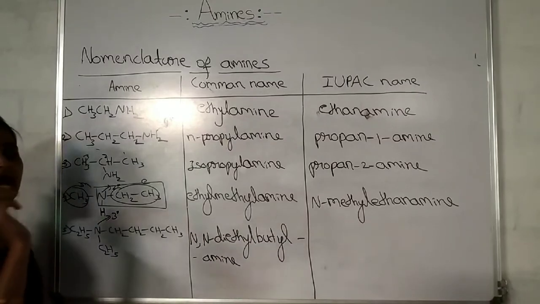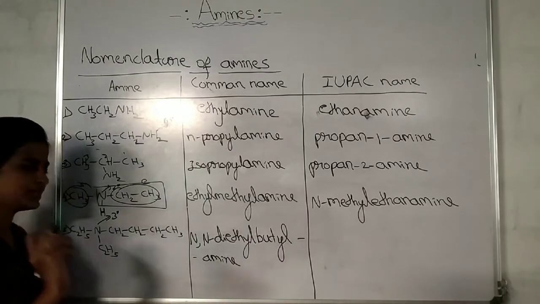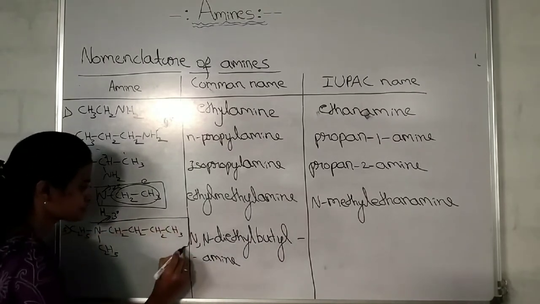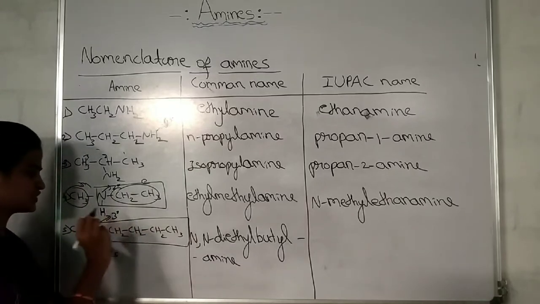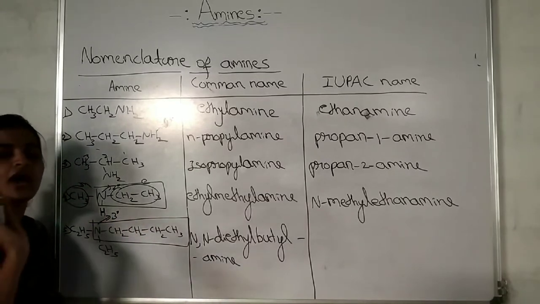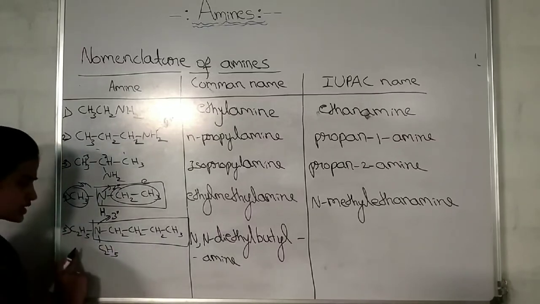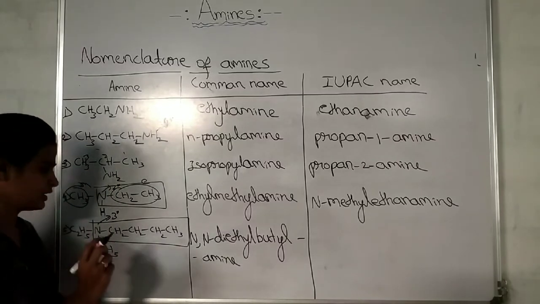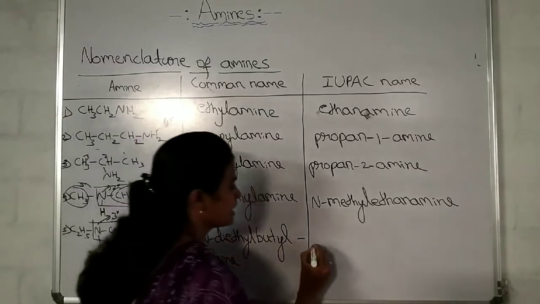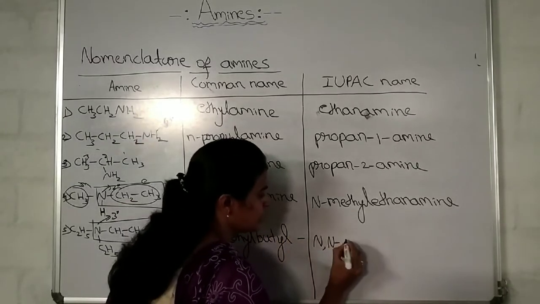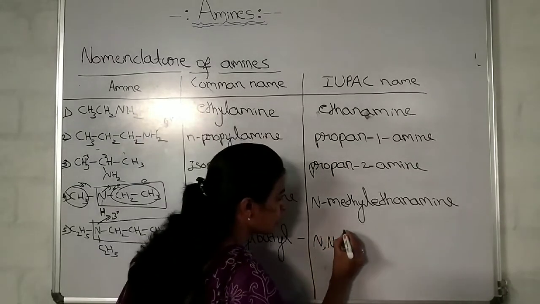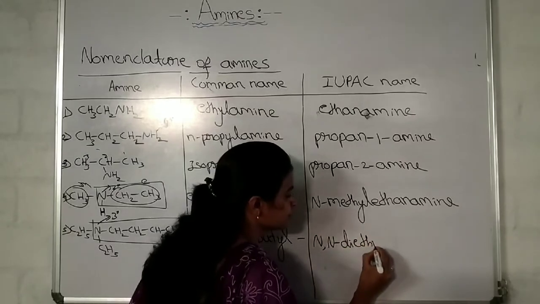Now you can try to write the IUPAC name of this. What are the rules? Identify the longest carbon chain to which the amino group is attached. As it is a tertiary amine, it contains three substituents. Out of three substituents, one is considered as the parent, and the other two are substituents. Two substituents are identical. Therefore, twice you write N. N,N-diethyl.